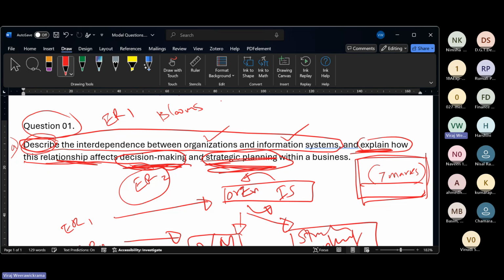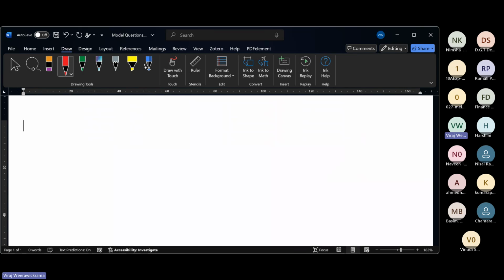Just search and have an idea. Based on Bloom's taxonomy, you have to understand the depth of these action verbs. Fine. So let me clear these points.